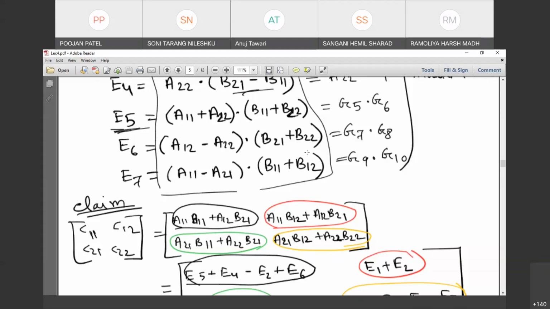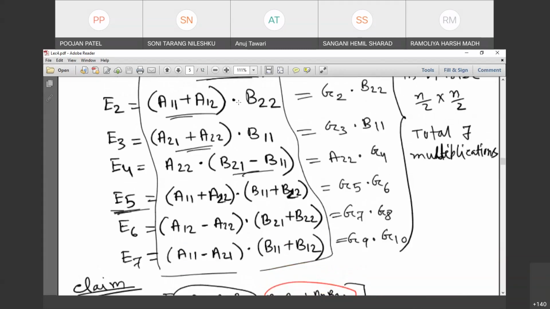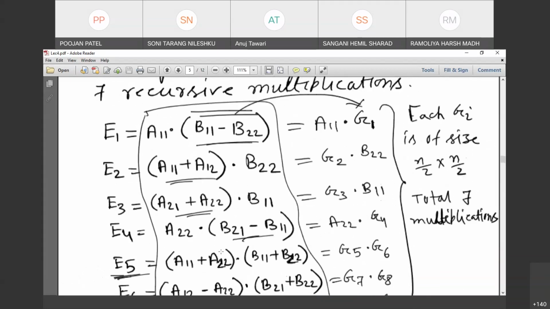So the main point to notice is that the recursion is the same. So what is the recurrence for this algorithm? How many multiplications do you require? There is just one multiplication in every equation. There are 7 such equations. So it's 7T(n by 2). And how many additions do you require? Again, there are just two additions here.